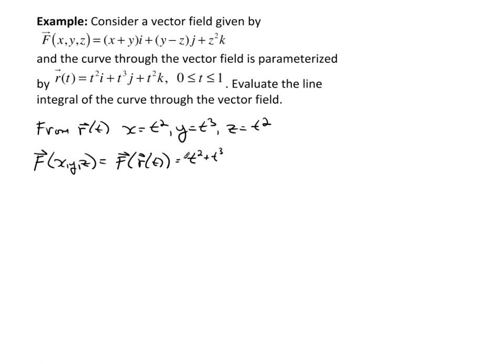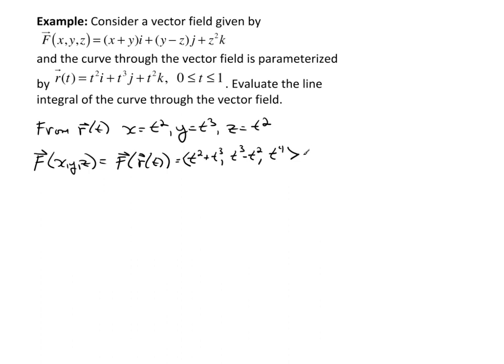I'm going to write this as a vector. y minus z is t cubed minus t squared. And z squared is t squared squared, which is t to the fourth.